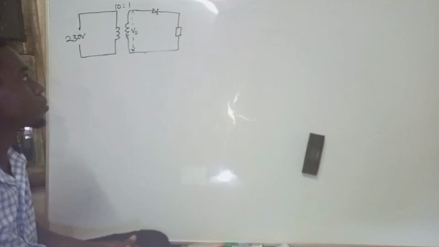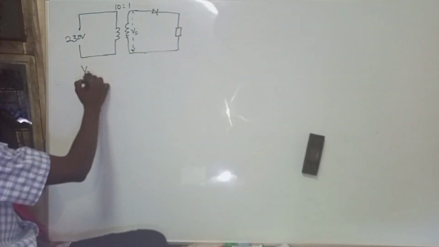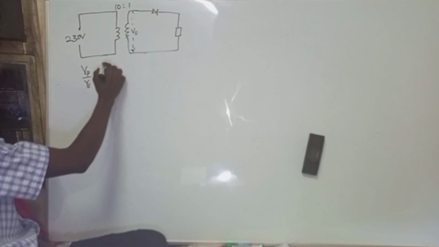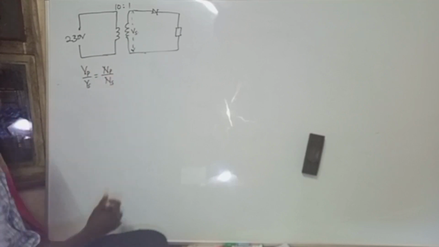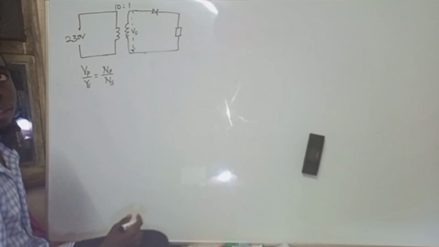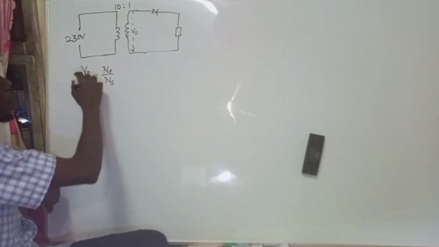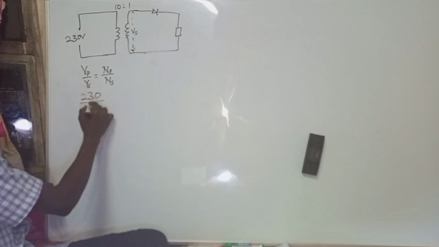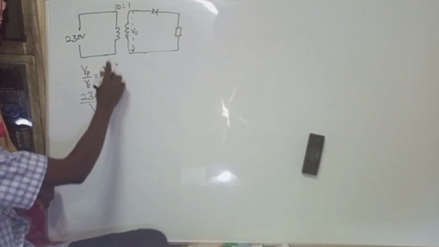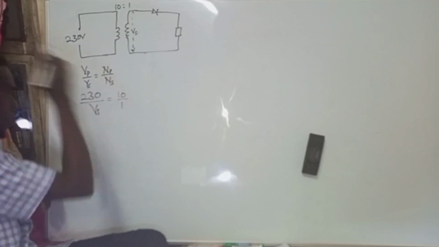So we shall need to convert this into the secondary voltage, and then calculate further from there. Using V primary over V secondary equals N primary over N secondary, our V primary, which is 230, over V secondary, which is what we want, equals N primary over N secondary, which is 10 over 1.